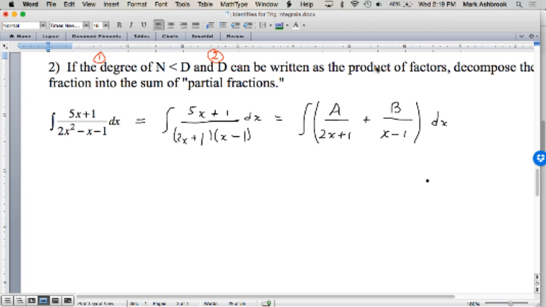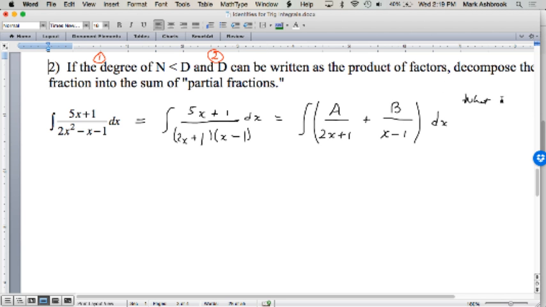So if we can figure out what a and b are, such that the sum of these two fractions is the rate of change function we were given, then we can do an antiderivative on each one separately. We just add them together, right? The whole point of partial fractions is what are a and b.